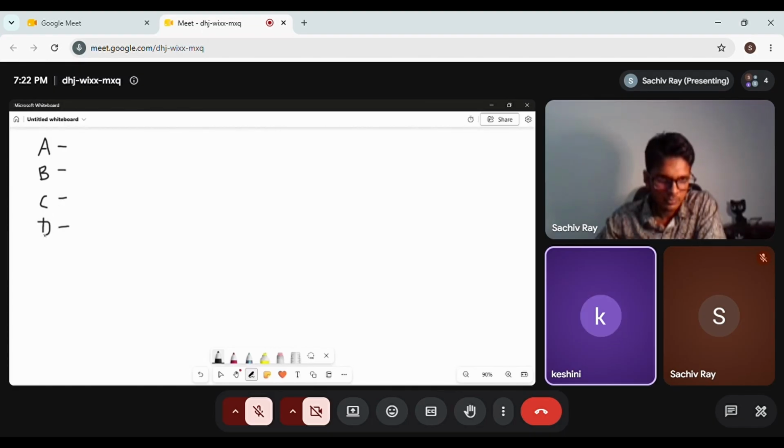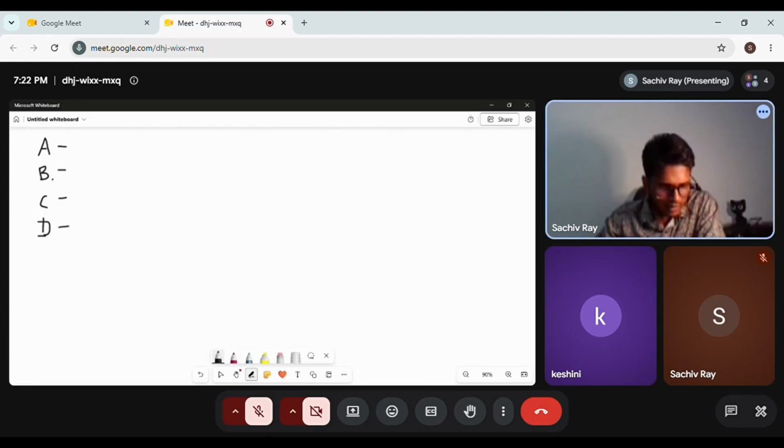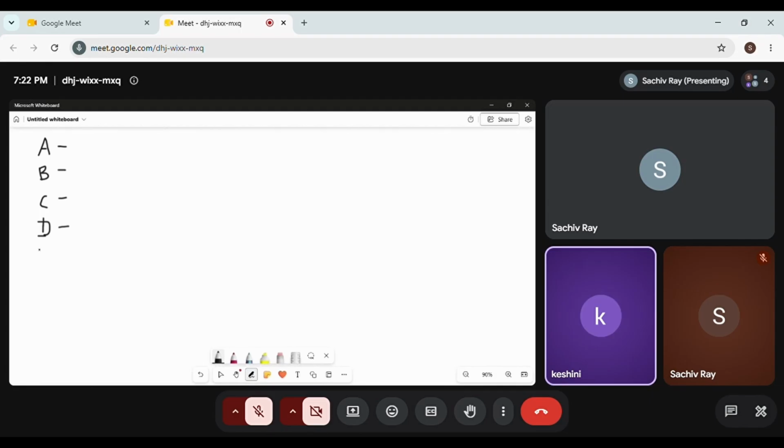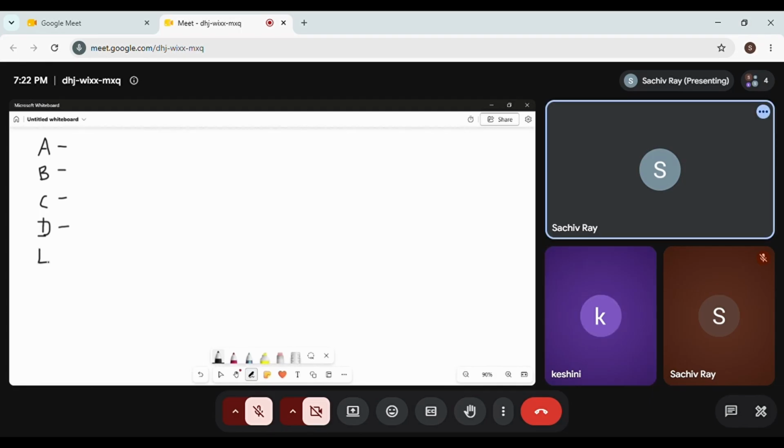And for B, farmers who cultivate only paddy and corn. It's B, not C.